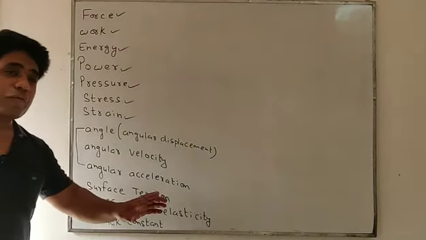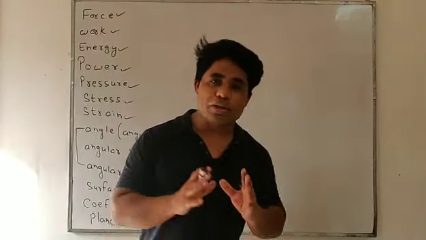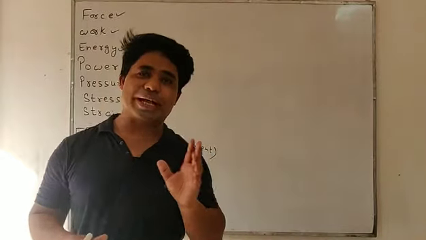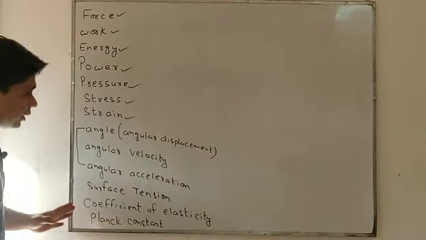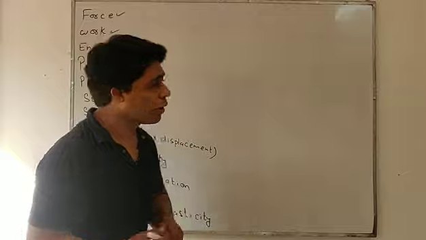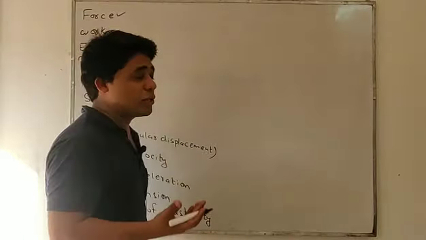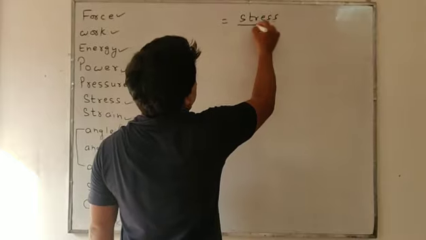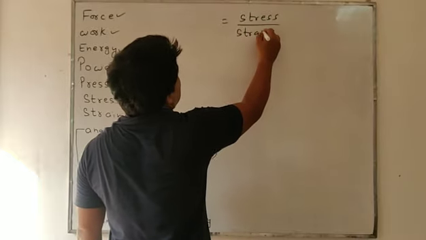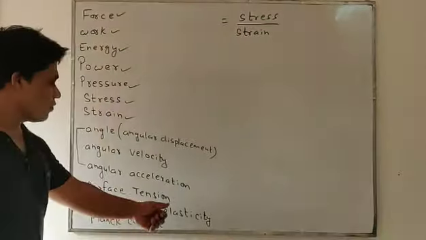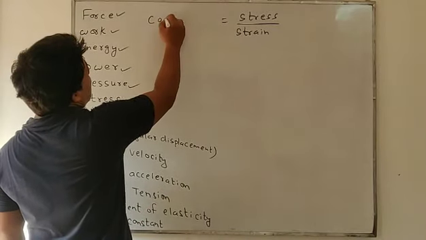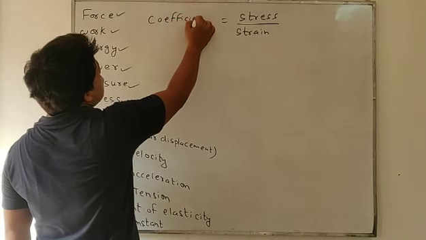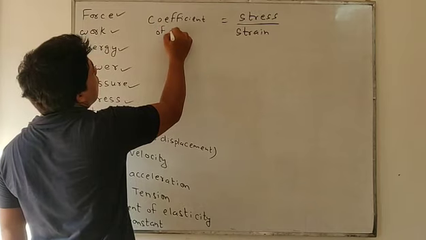Next is coefficient of elasticity. About this coefficient of elasticity, we'll discuss properly in the 9th chapter, elasticity. But here I'm going to write the formula. The ratio of stress with strain is said to be coefficient of elasticity.